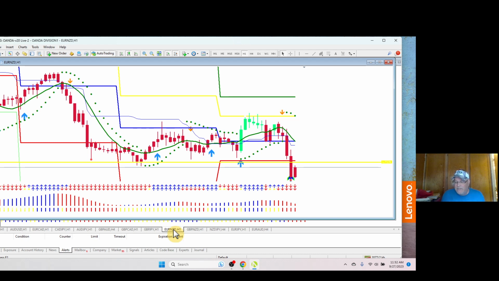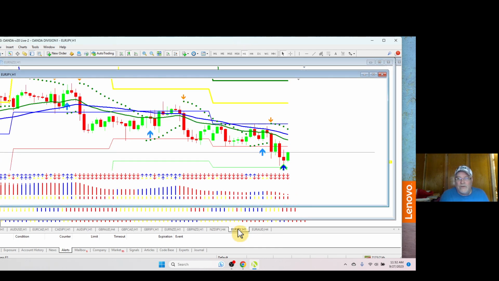So, Euro New Zealand looking pretty good right now. Euro Yen is looking really good. That's made a pretty big push up already here. Yeah, not a whole lot, but it gives me something to keep an eye on. Like I said, this gives you an example of how I do this stuff.